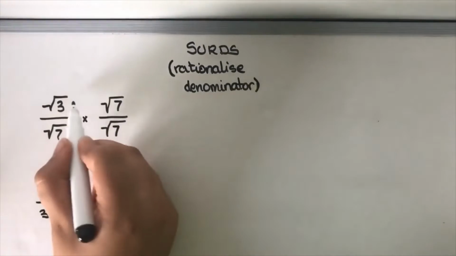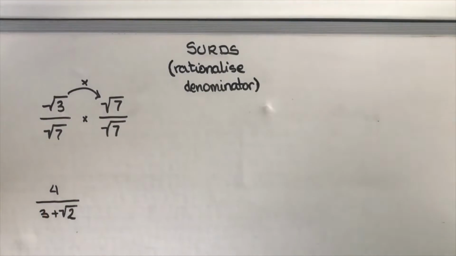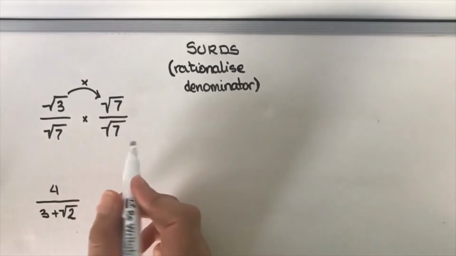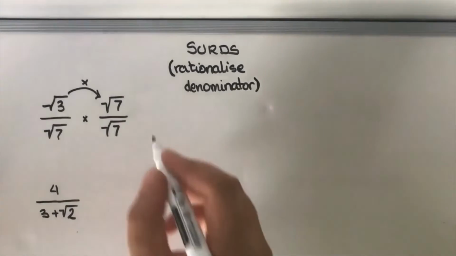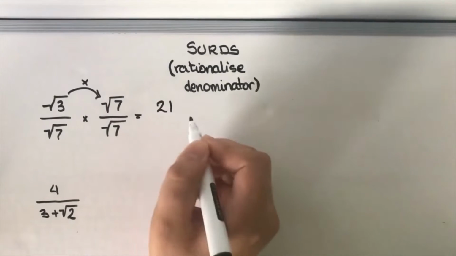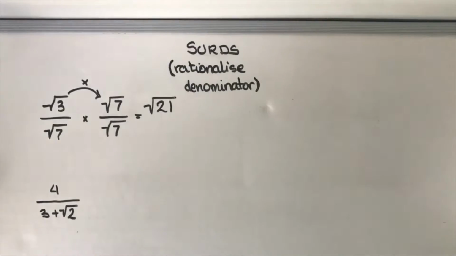To start off, let's multiply root 3 by root 7. If you've watched my previous video, you should know how to multiply surds. All we do is multiply what's in the root and then put that answer into another root. So we have 3 times 7 giving us 21, and we put that inside of a root, giving us root 21.